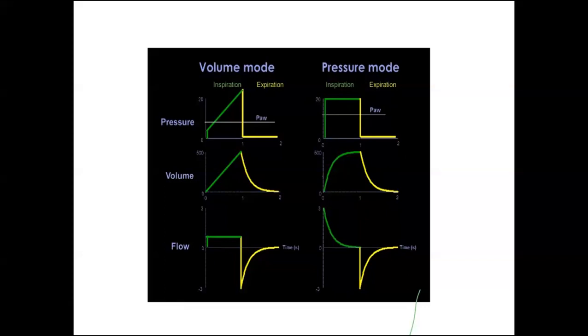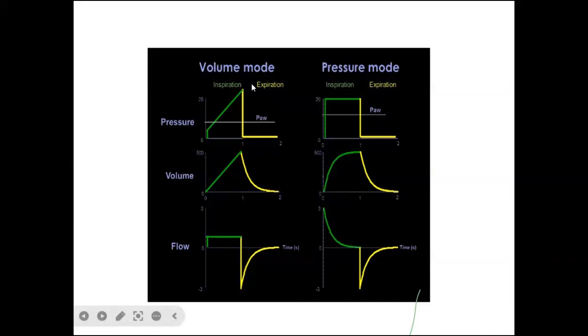If you have normal compliance and low compliance, what is the volume generated compared to a normal compliance lung? Less. In a low compliance lung, when you use the same pressure, say the pressure is 20 here, what will happen to the volume? Decrease. So that is why you cannot control volume in pressure control. It will alter.